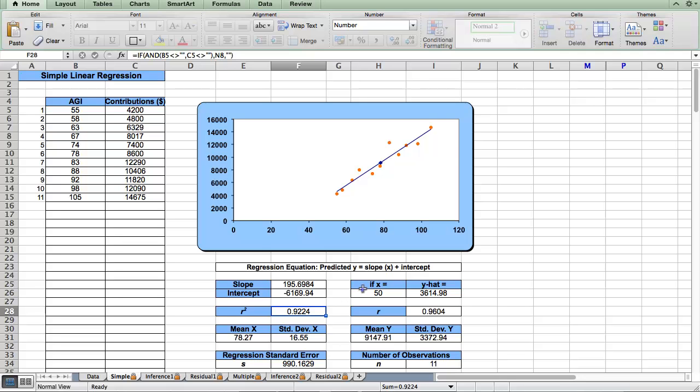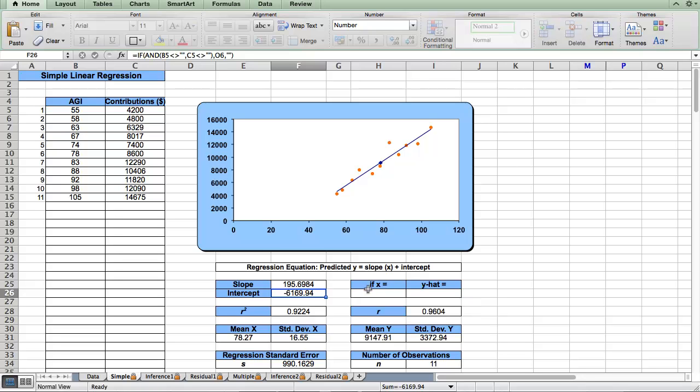So the regression equation of y hat equals 195.7 times AGI minus 6,169.94 is what we would use to make our predictions.